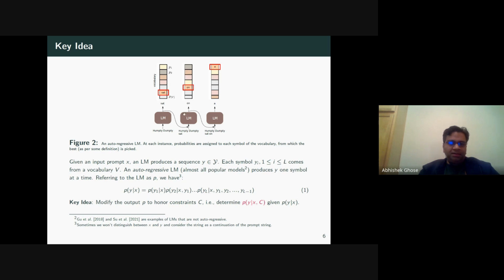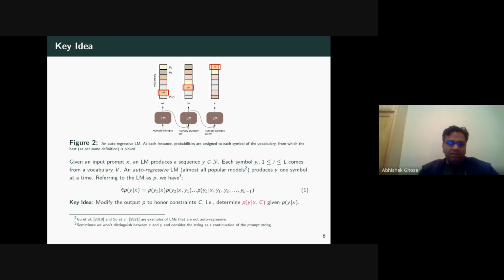The picture I showed you can be written mathematically as this expression. You can think of your language model as producing a probability over a sequence Y given X, the input. There are two probabilities we are talking about. In the picture, I was talking about a probability over each symbol, used to produce the current value of yi. But if you aggregate y1, y2, y3, y4 and multiply them together, you also find the probability of the whole string occurring as an output.